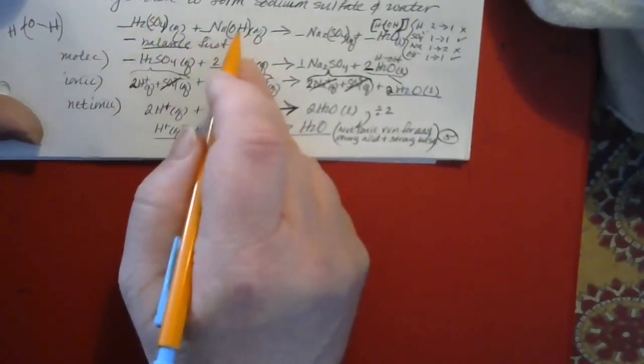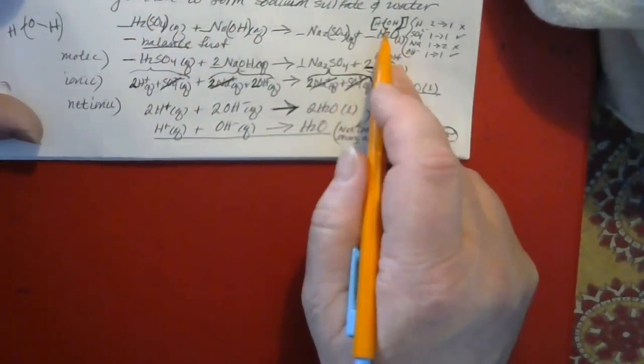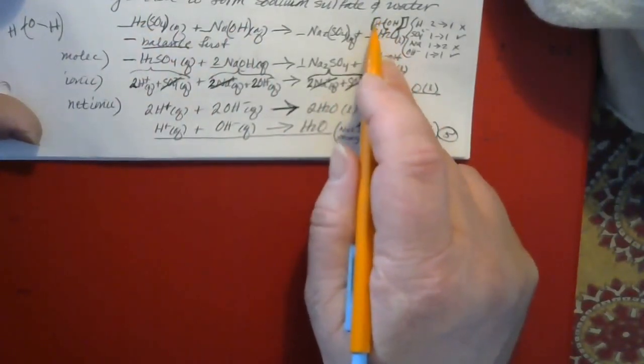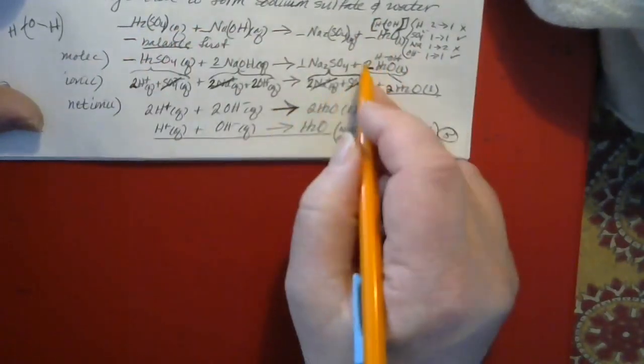So the hydrogens other than the ones in hydroxide ions, you've got two of them. Well, over here you've got one H2O. That means only one hydrogen that's not part of a hydroxide ion. So we need two H2Os to balance the hydrogens that are not in hydroxide ions. So that's why the 2 goes in front of the H2O.